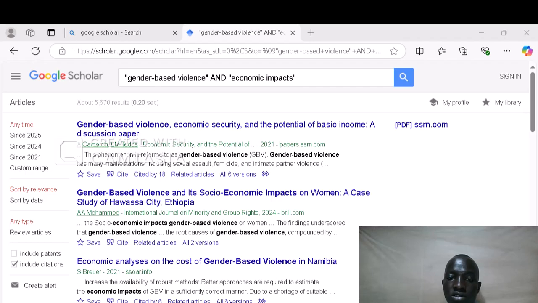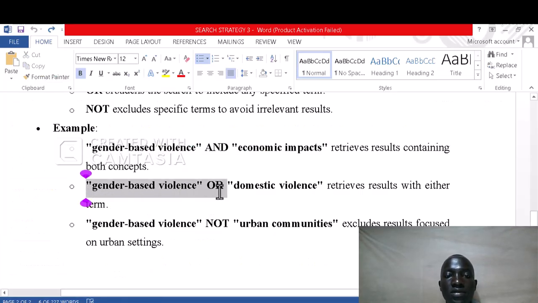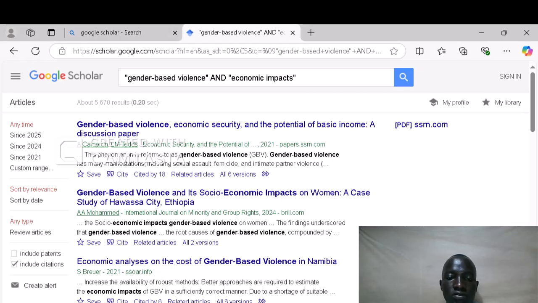Now let's look at this one here, the second bit of it.